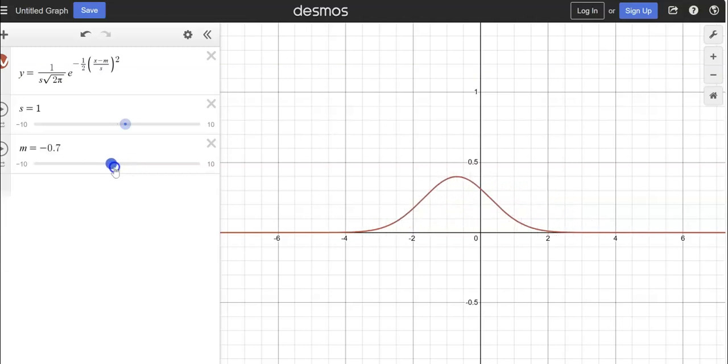But the one we're talking about here, you set this back on 0, where the mean is 0 and standard deviation is 1. This is called your standard normal distribution.